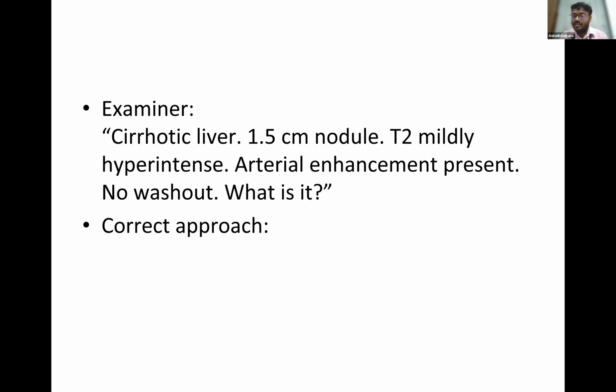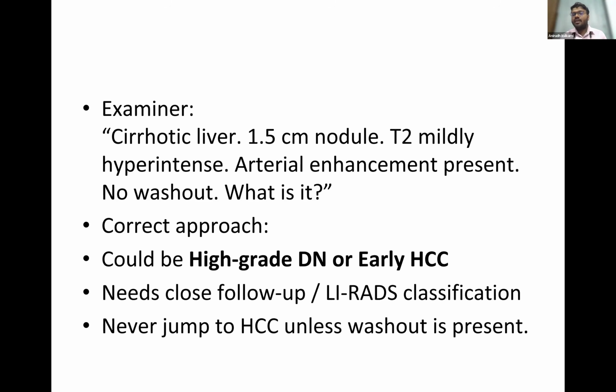As we were discussing, regenerative nodule will not show arterial enhancement because it is supplied by portal venous supply. But as it becomes a dysplastic nodule, the arterial supply increases and portal vein supply decreases. That is why in dysplastic nodule there will be arterial enhancement but no washout. So this is a dysplastic nodule or early HCC.